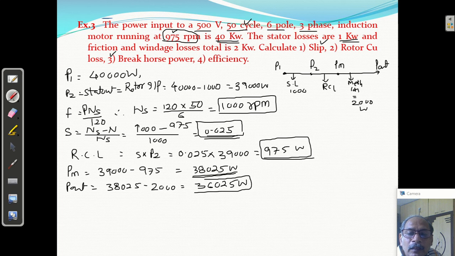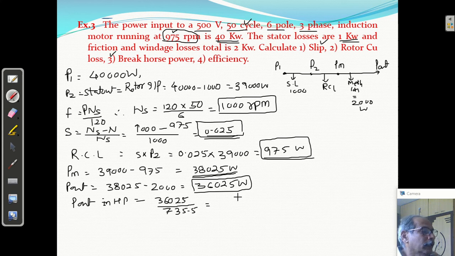This is the P out. And I have asked to calculate the P out in horsepower. So P out in HP equals 36,025 divided by 735.5.